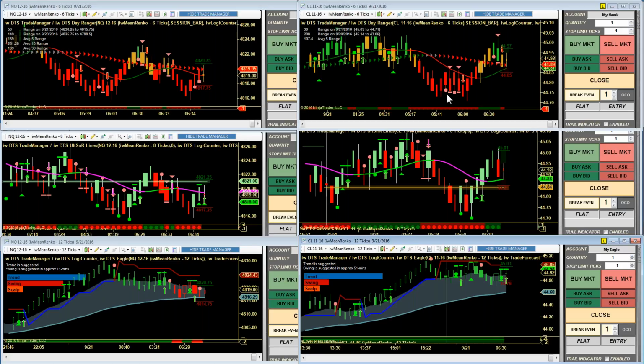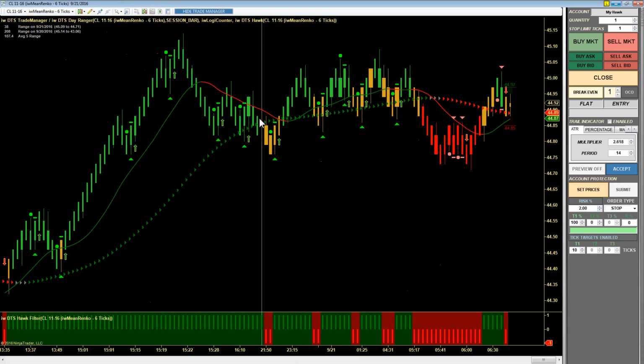While we're waiting for something there, it looks like the crude oil market is also a little conflicted this morning. Here's crude oil on the Hawk Scalper, and you can see again very, very sideways. When we're printing a lot of yellow bars on the Hawk Scalper, that's a sign of neutrality. The market really doesn't have any bias here. Maybe just a slight downward bias.